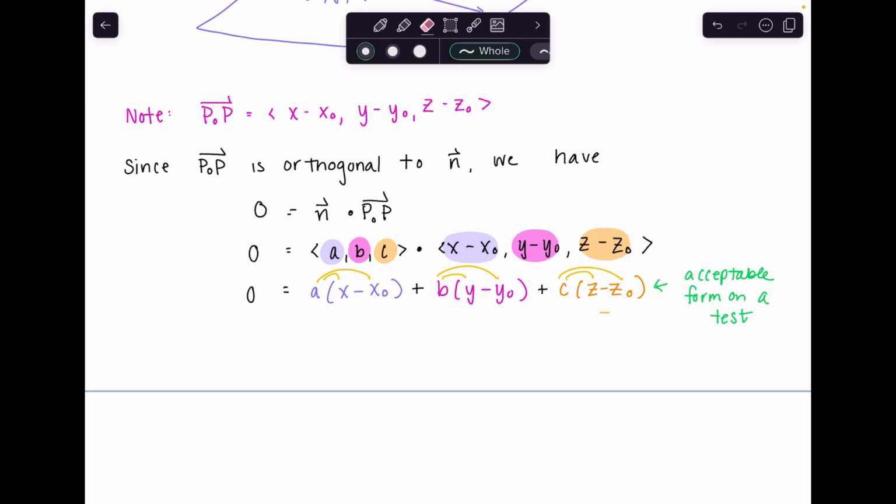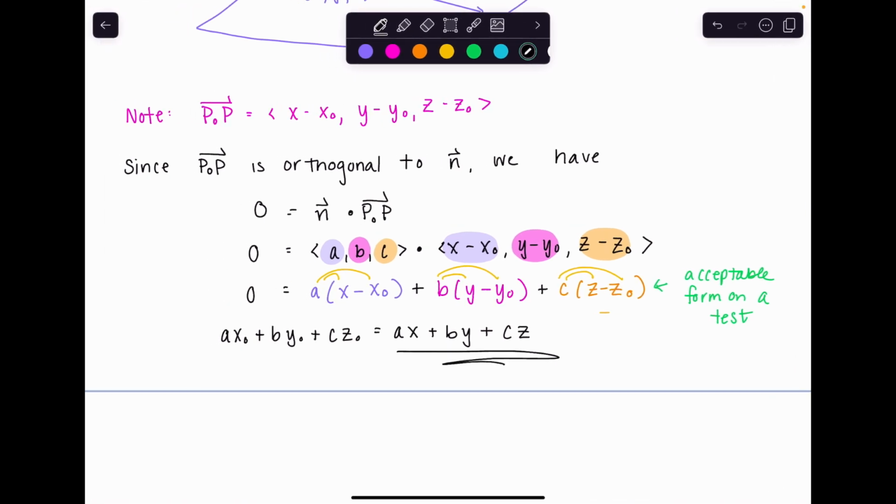So if you just rearrange that slightly, if you move everything dealing with the constants over to this side, it will give you a times x plus b times y plus c times z over here. So again, distributing that out leaves this over here, and then adding the ax0 gives you what you get on that side. Okay. All right, let's get rid of all of these.